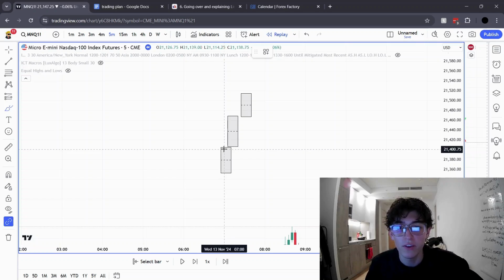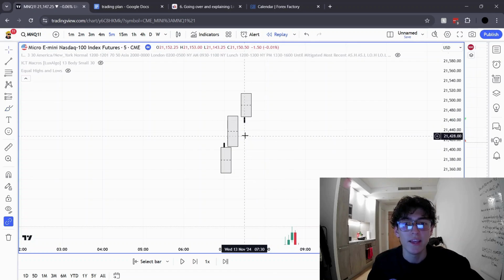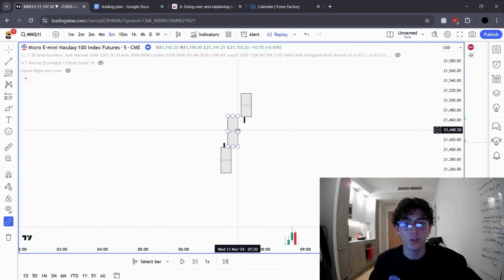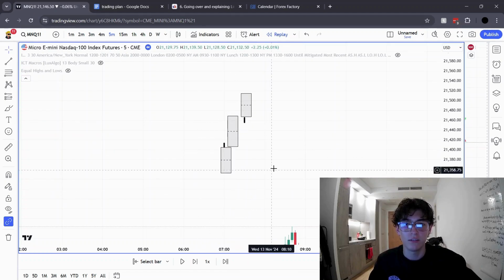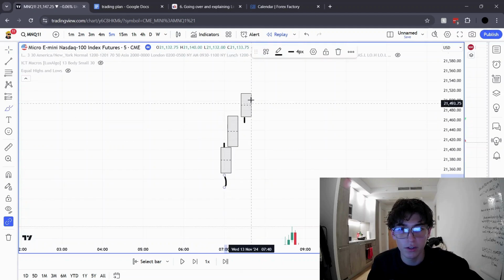So for a fair value gap to be formed, the wicks need to leave the body of the candle in the middle intact, right? So here, let me finish drawing it out.